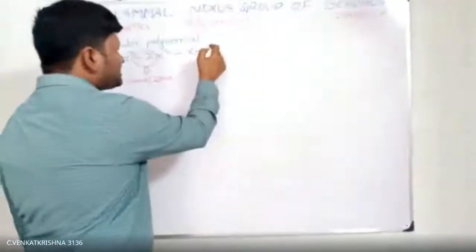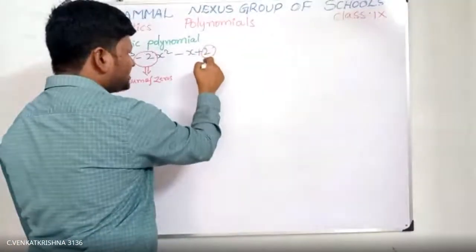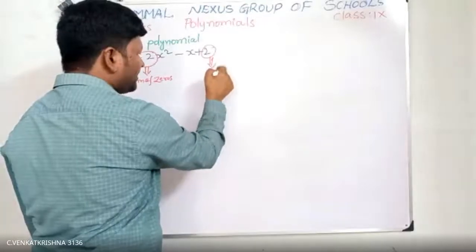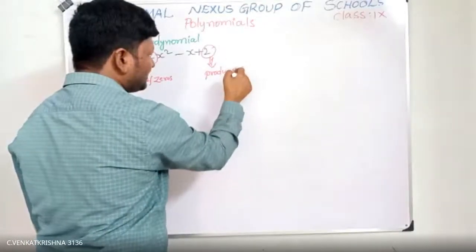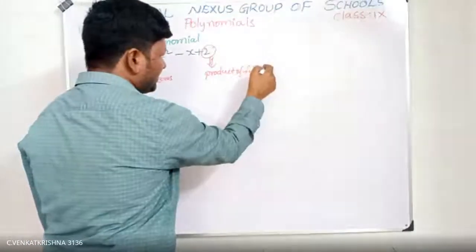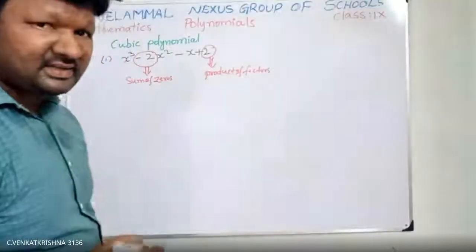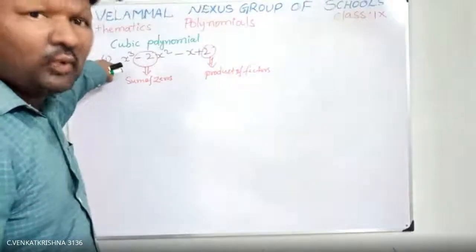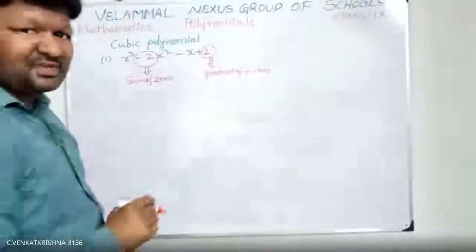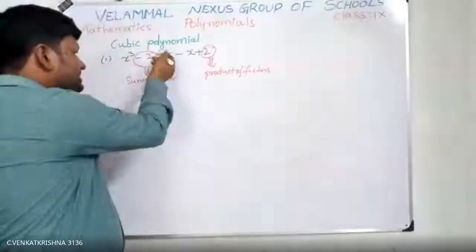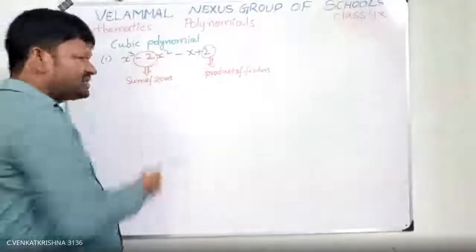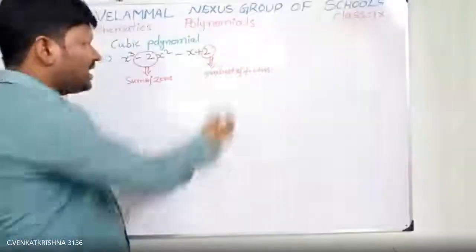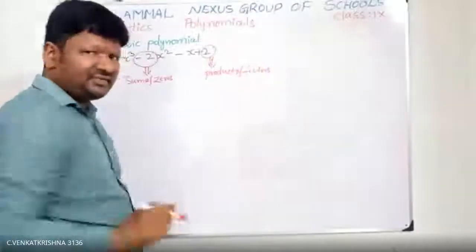And the constant term is nothing but the product of factors. If the x cubed coefficient is 1, we can consider the x squared coefficient as the sum of zeros and the constant as the product of zeros.